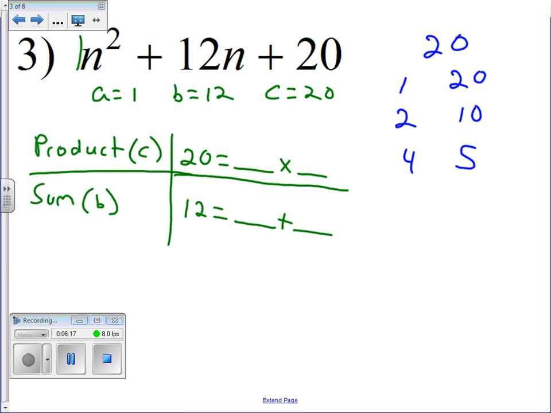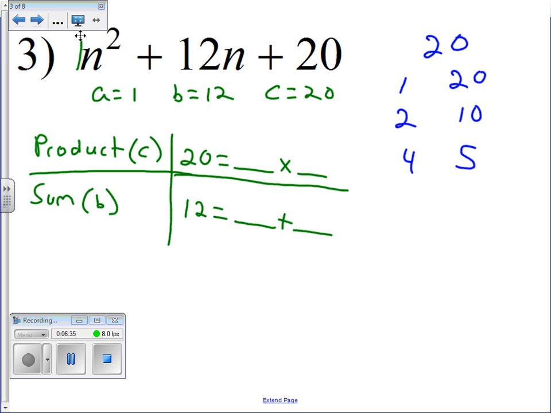Now, I'm looking at two numbers. For 1 and 20, we got 21 and 19. For 2 and 10, we have 8 and 12. 4 and 5 give me 9 and 1. So I'm going to go with 2 and 10, but I want to make sure I get the proper sign.